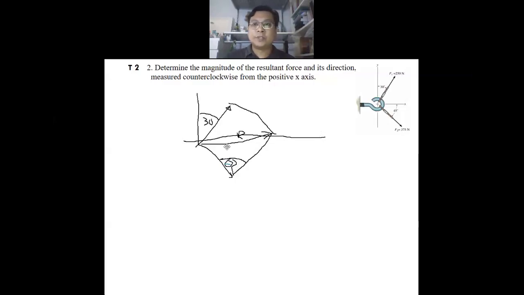Then we try to calculate the theta first. How much?